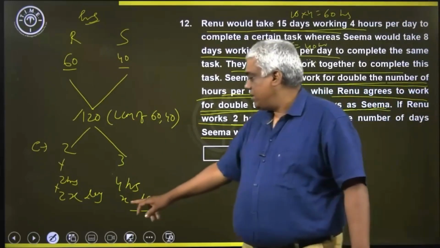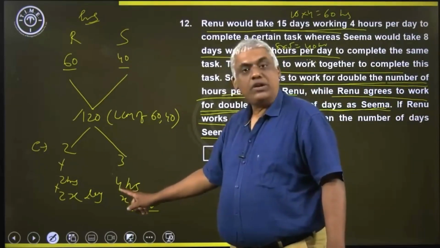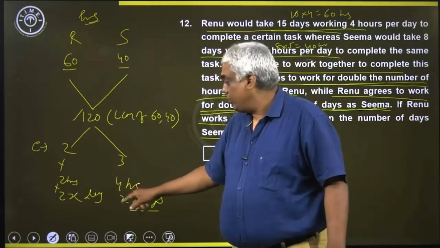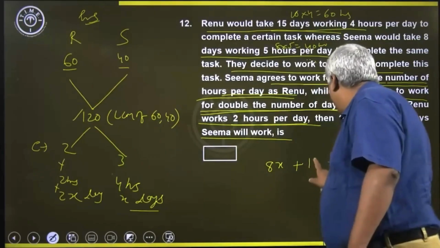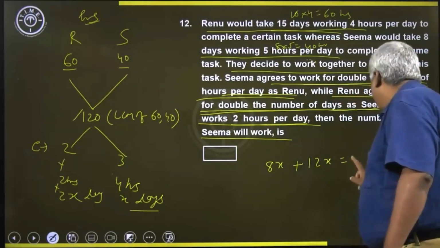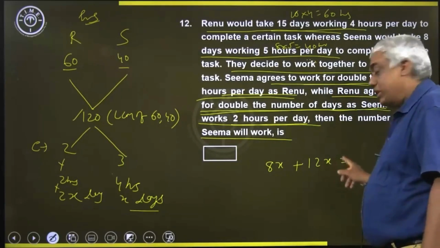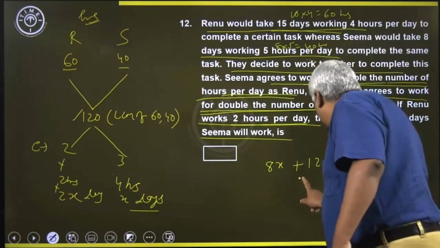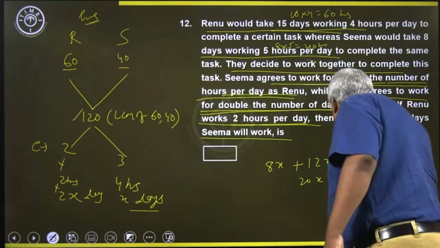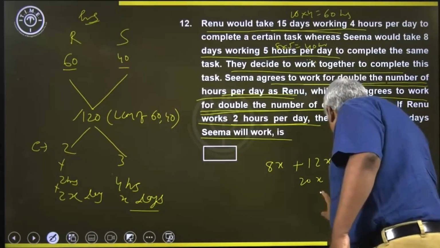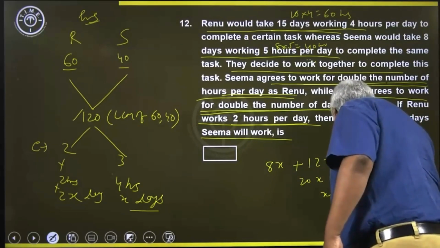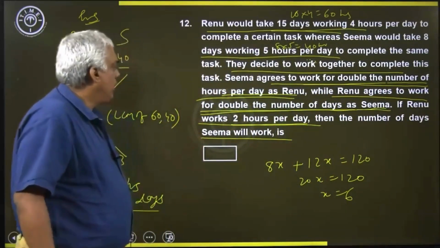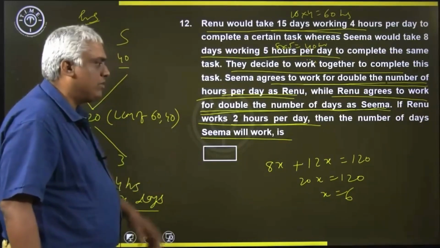Seema is working x days, every day 4 hours, so 4x hours, and every hour 3 units. So 4x into 3, 12x units of work. Total work is 120 units. So 20x is 120, so x is equal to 6. So the total number of days Seema works is 6 days.